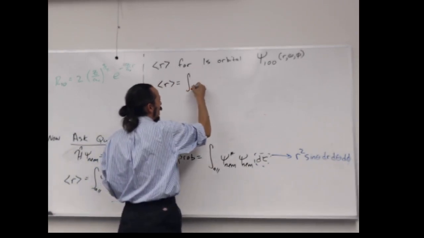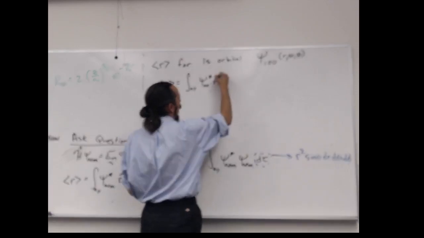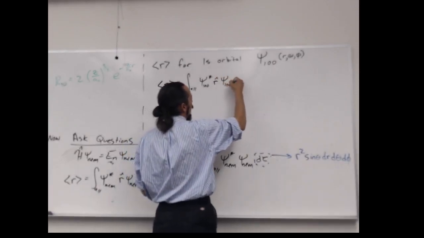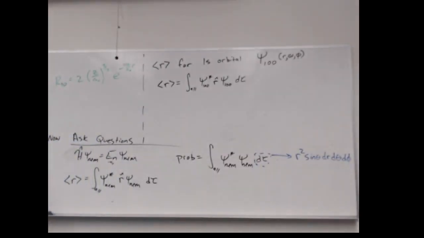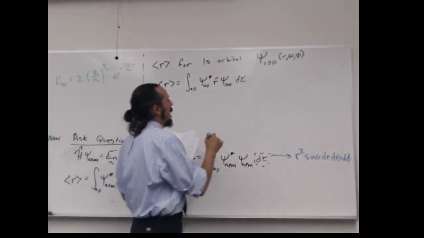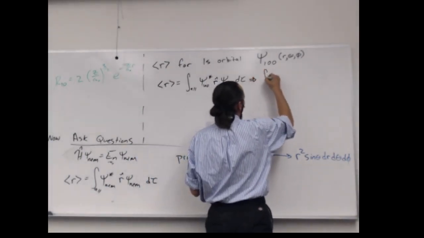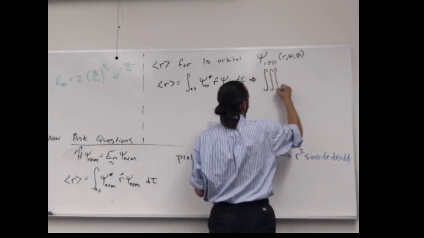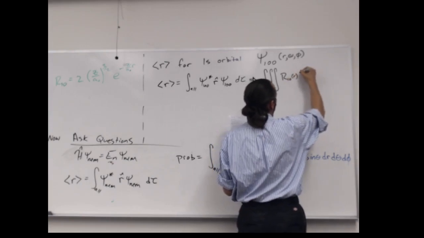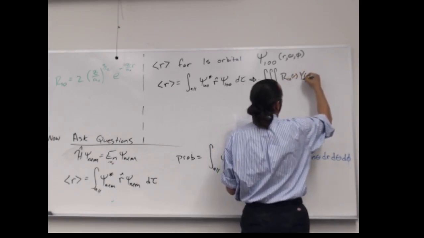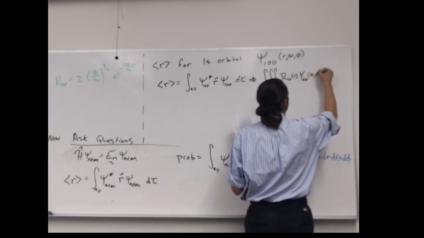That's going to be the integral over all space of psi 1, 0, 0 star, R hat, psi 1, 0, 0, d tau. That's the simple version of it. And then we can start plugging in what all of these different things mean, where this is actually going to give us a triple integral for an R10 radial part and a Y00 theta phi part.